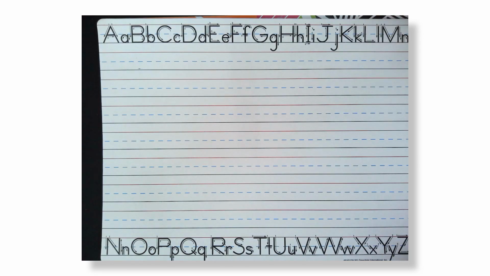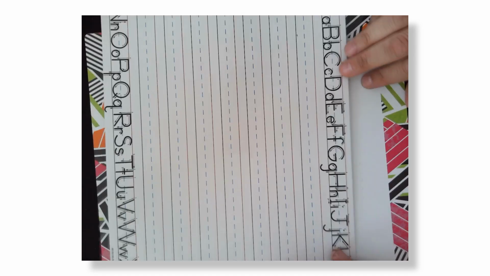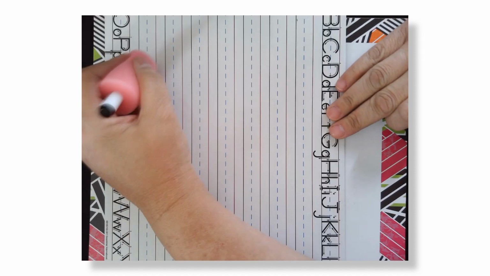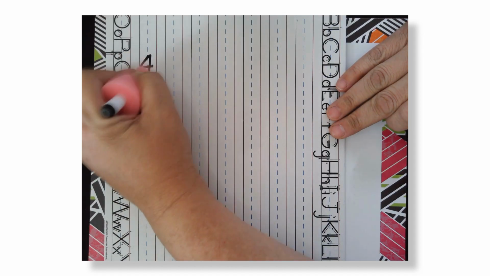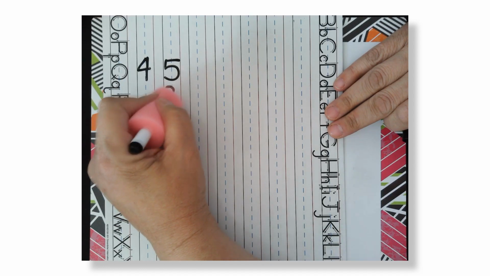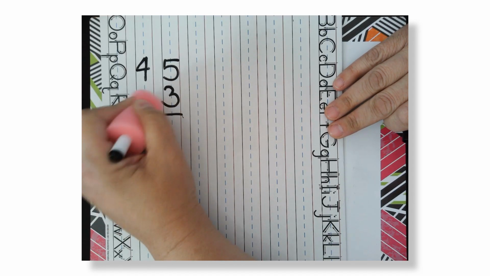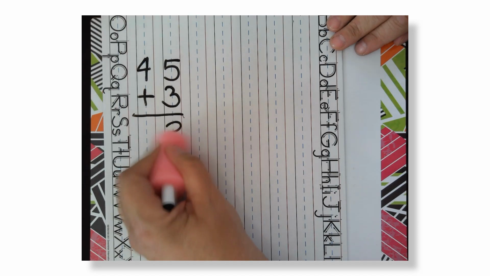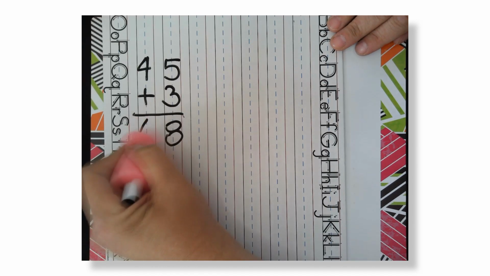I will use this not only for writing, but I'll also use it for math. I'll turn it long ways so that now this becomes where my numbers go, so they all have a spot to go so that there's no misalignment, and then the student can answer their questions.